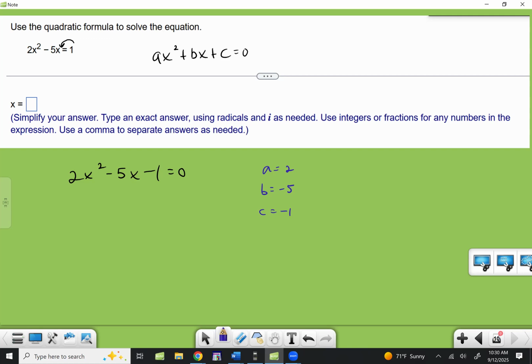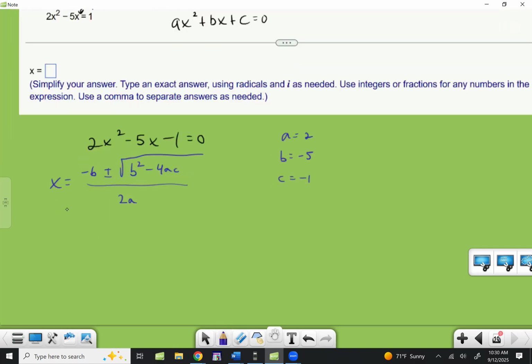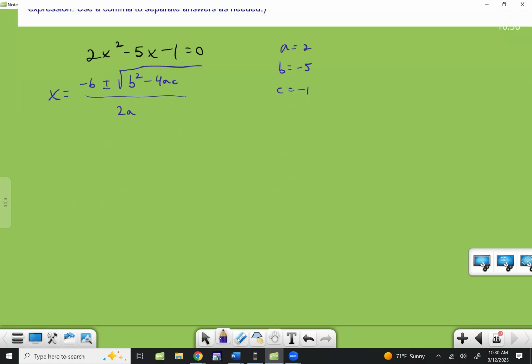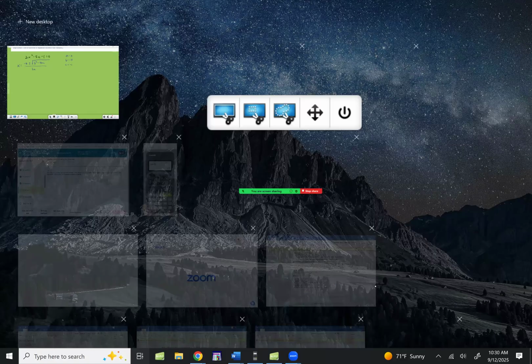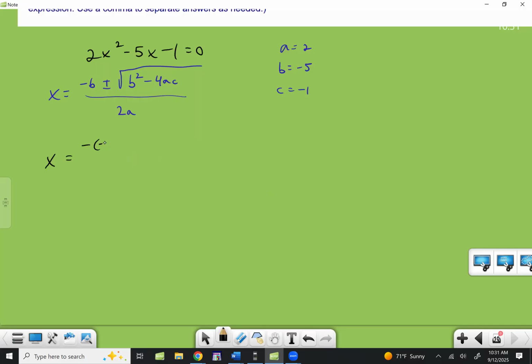So we're going to substitute these into the quadratic formula. I think this might be long, so let me scooch up a little bit so I can plug these in. All right, so we have x equals -5 plus or minus the square root.